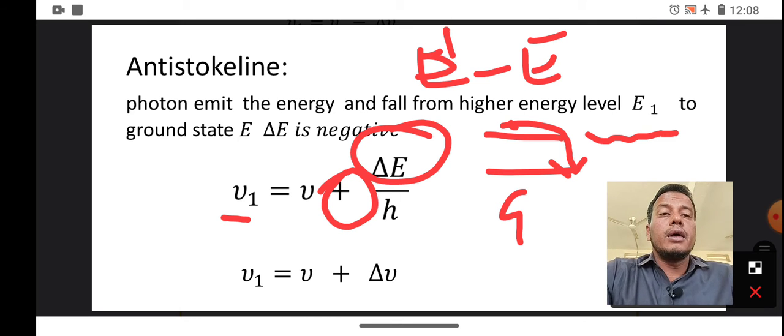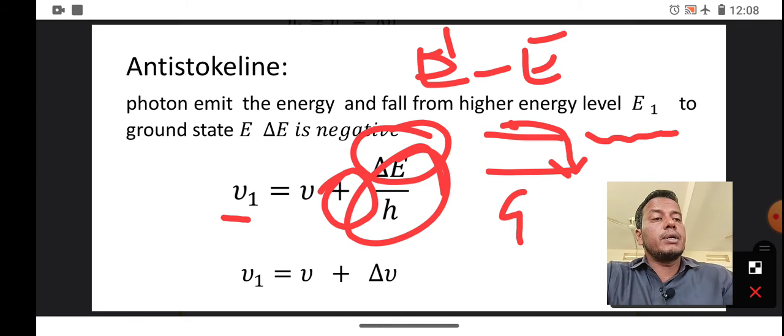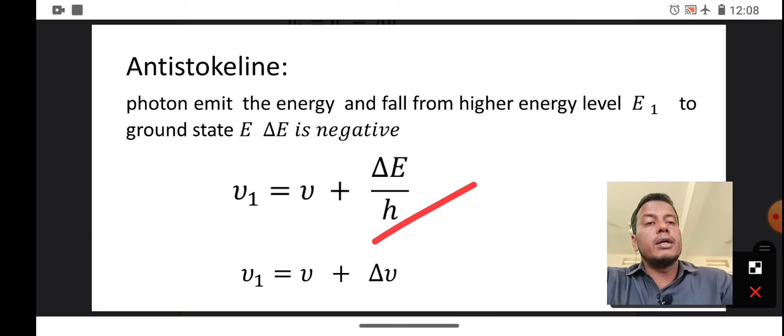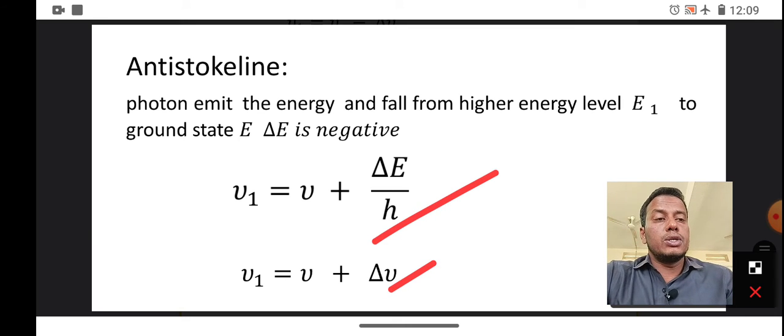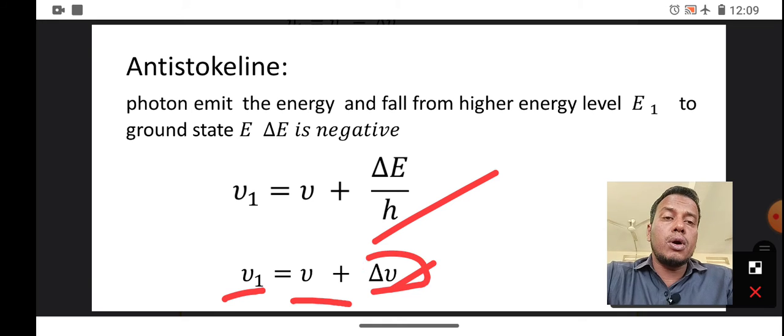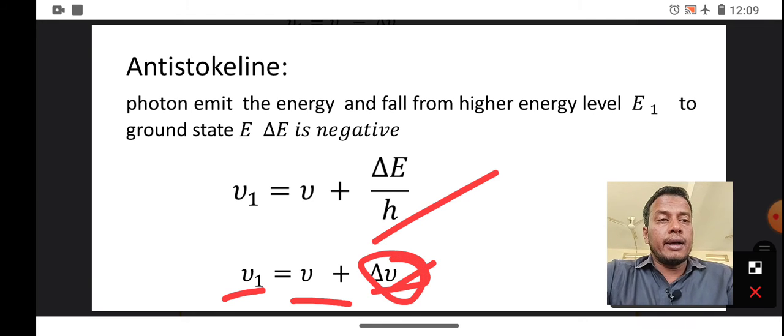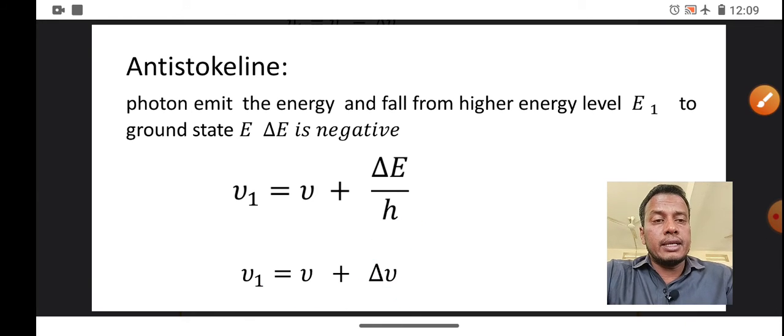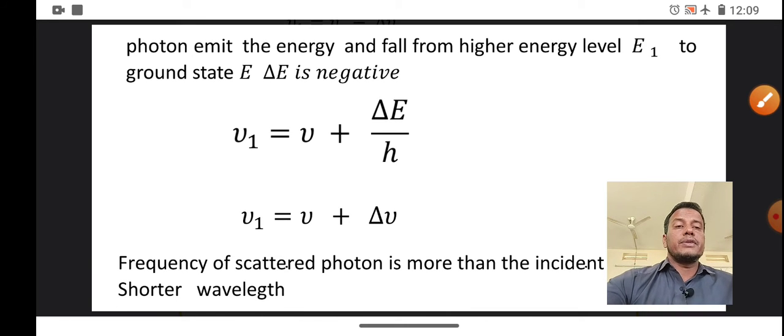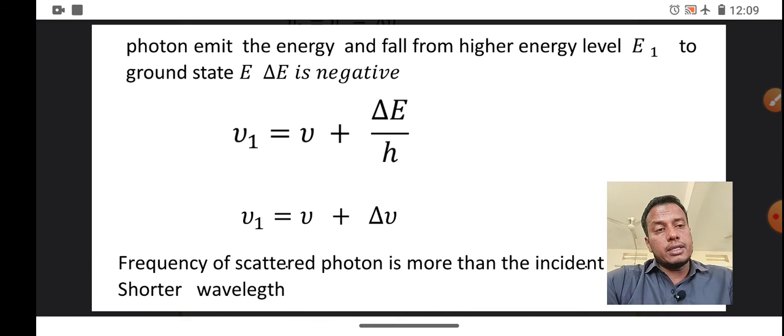So delta E becomes negative, and nu 1 equals nu minus delta E by H, minus into minus is plus, and delta E by H is nothing but del nu. So the frequency of the scattered line is the sum of the incident frequency plus a small amount of frequency, which means the frequency of the scattered photon is more than the incident one.